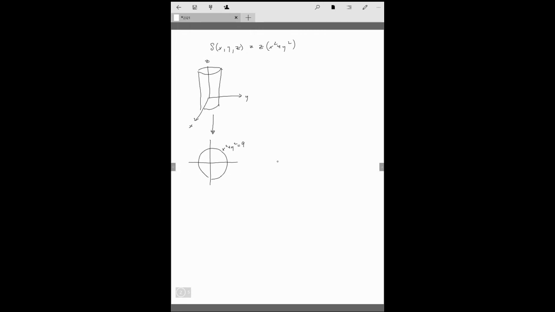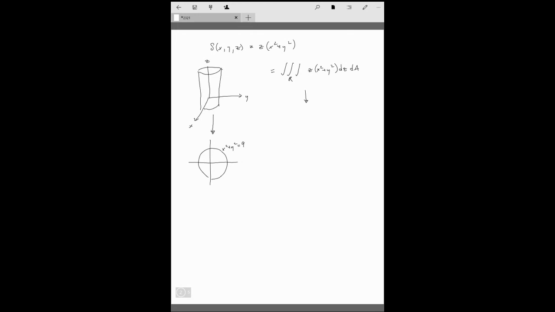And let me start the integral. Since this is simple, what are the limits for z?